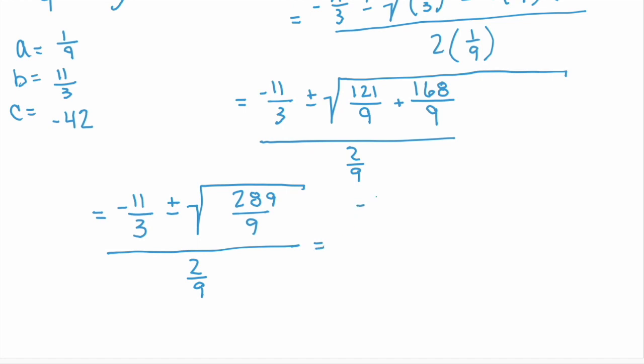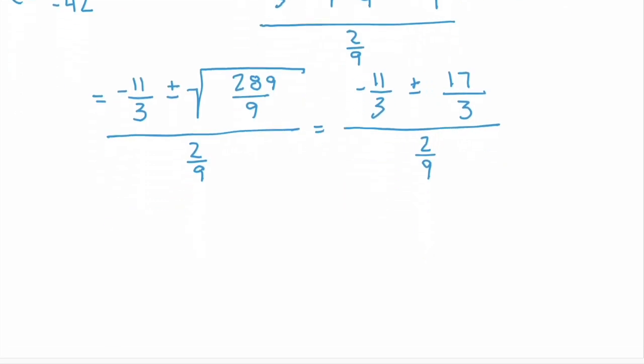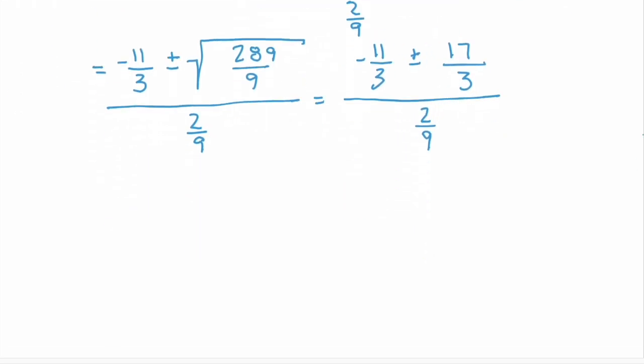Well, the square root of 289 is 17, and the square root of 9 is 3. So that radical totally simplifies to 17 over 3. And then this is over 2/9. Still a little messy with all the fractions, but we're okay.